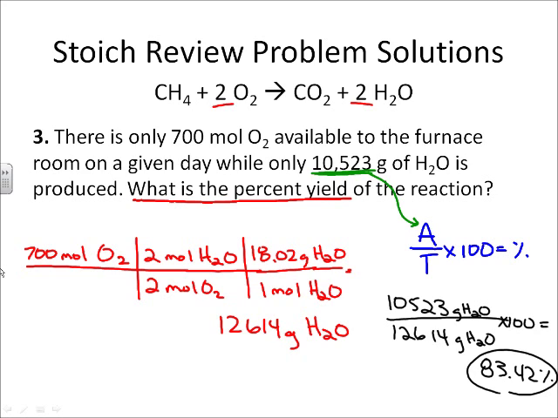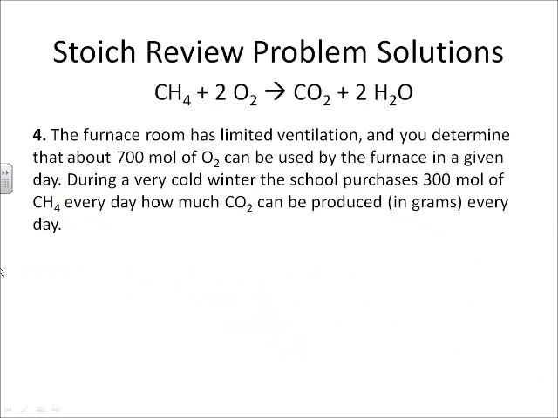Alright, and then the last question here. The furnace room has limited ventilation, and you determined about 700 moles of oxygen can be used by the furnace on a given day. During a very cold winter, the school purchases 300 moles of methane every day. How much CO2 can be produced in grams every day?